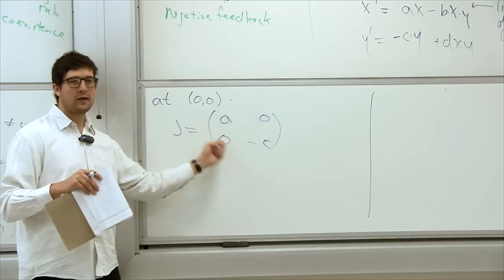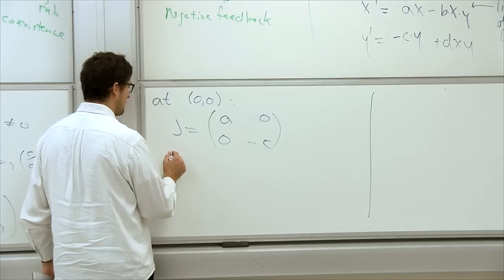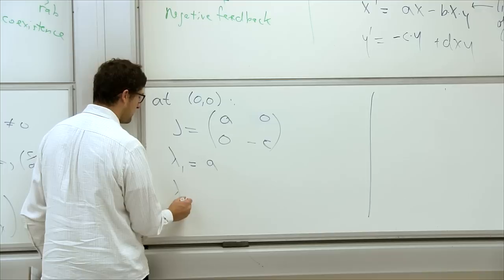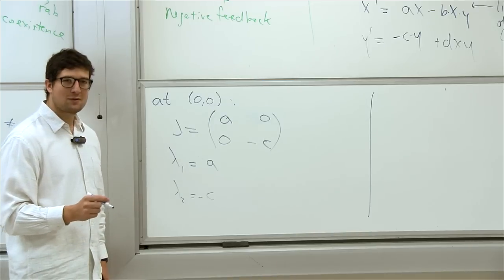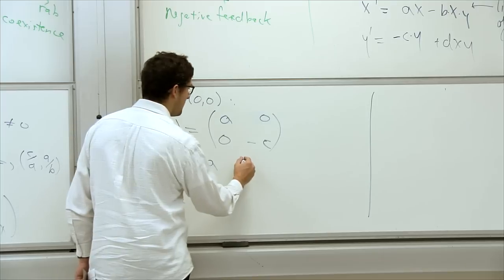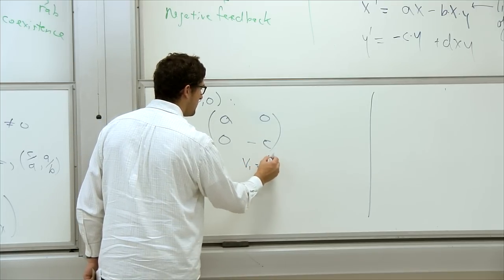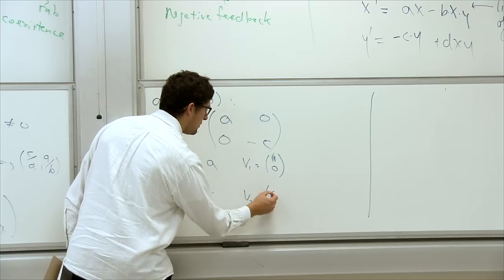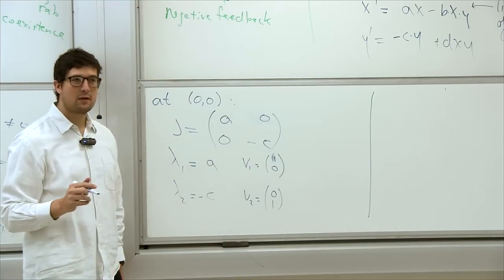So what are the eigenvalues of this system? Patrick. So eigenvalues are a and negative c. Can you tell me the eigenvectors? For example, the eigenvector for this one? That would be 1, 0. Yes. 1, 0. And the other one? 0, 1. So we even know the eigenvectors and the eigenvalues. This is a very simple matrix, right?